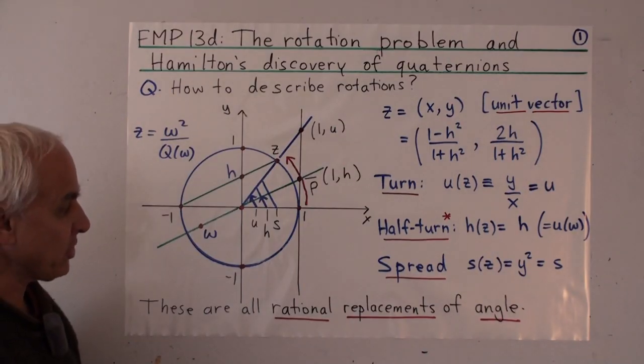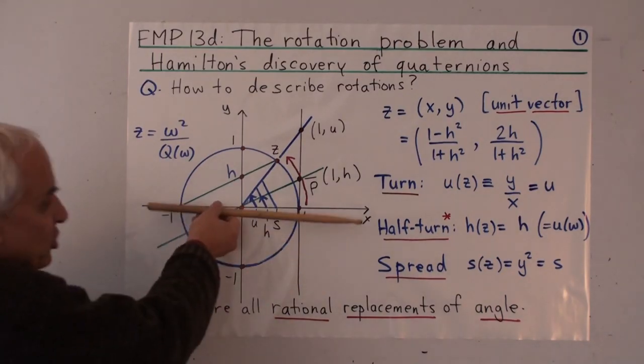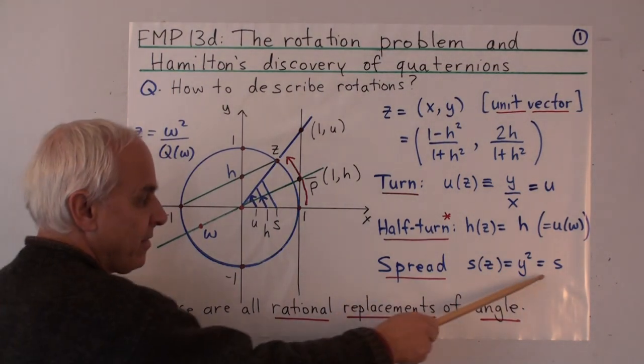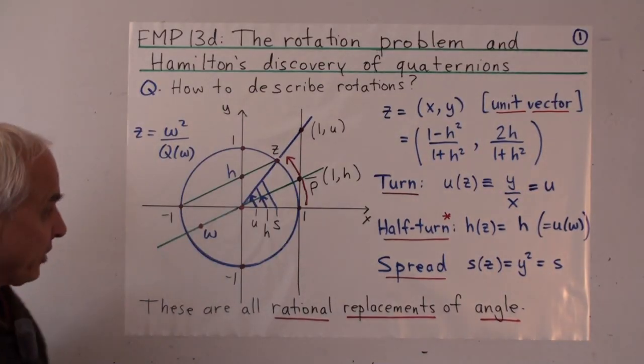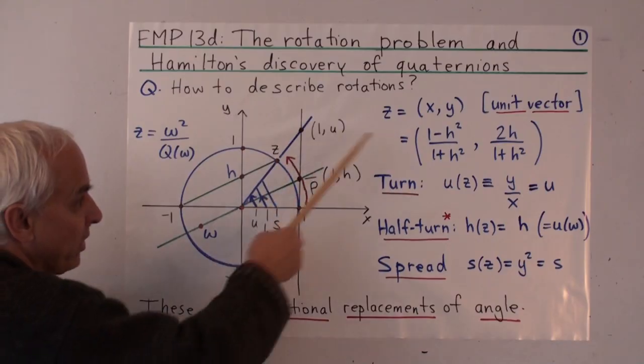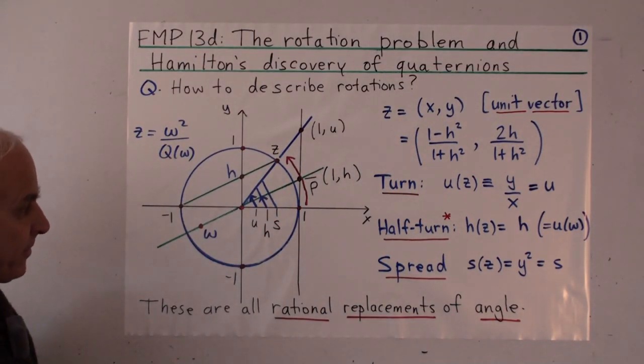I want to mention also that there's a third kind of rational approach to describing the position of that line. That's the spread, which is important in rational trigonometry. It's usually called S, and in terms of the coordinates x and y, it is the number y squared.